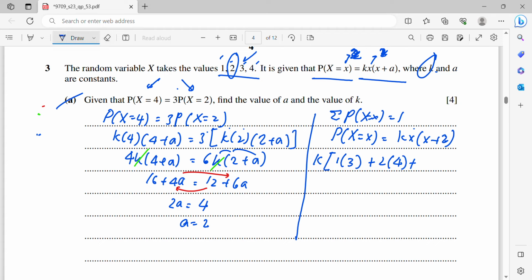When x is 3, replace by 3, I get 3 times 5. Then plus when x equals 4, 4 times (4 plus 2) which is 6. And this is going to be 1. When you add up the values inside the bracket, it will be 50. Then I end up with 50k equals 1, hence k is 1 over 50. So that's the solution.